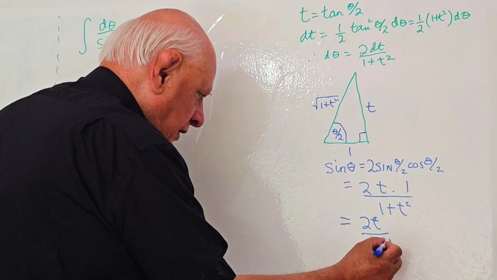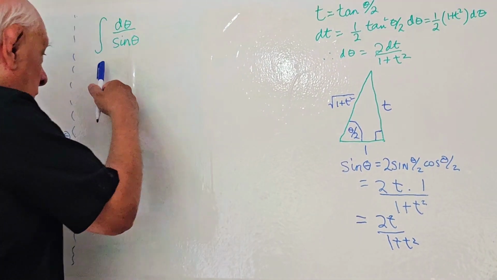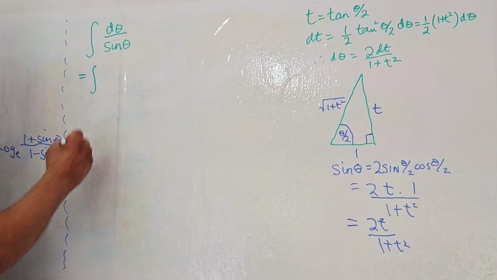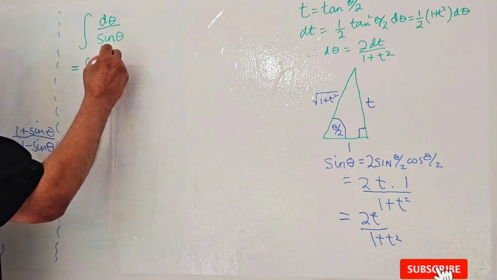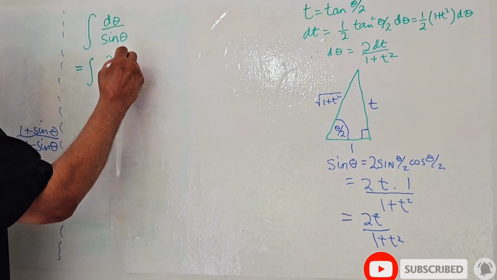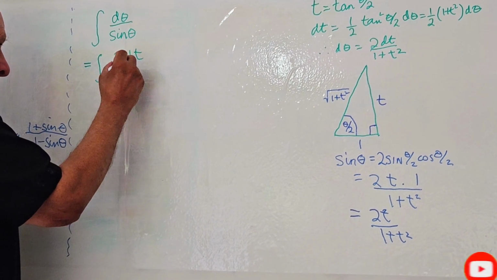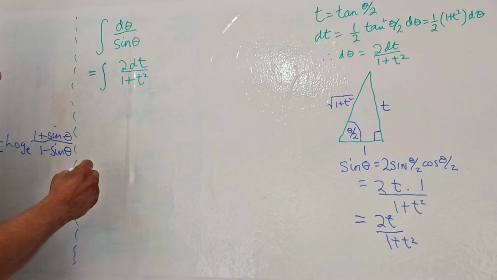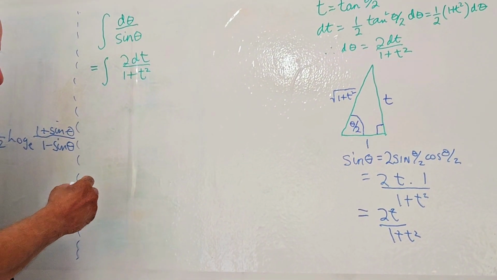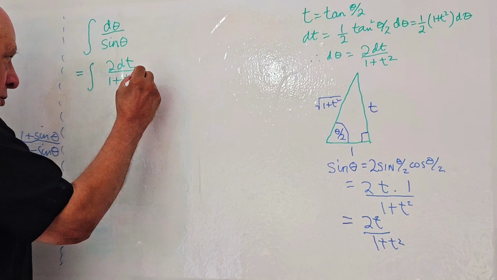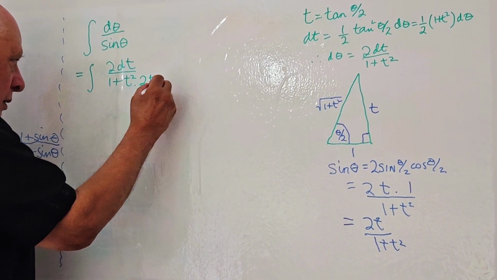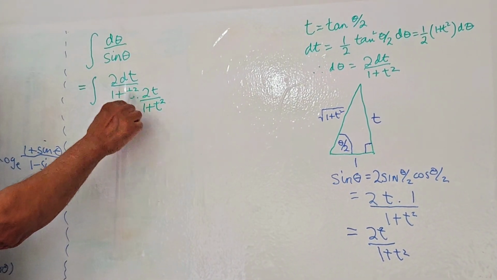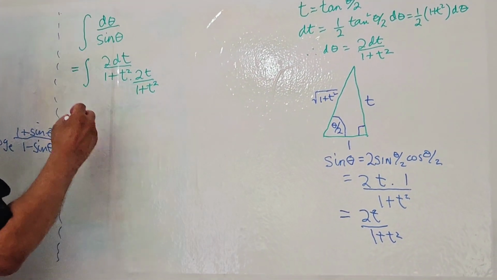We now substitute all that back into the integral here. So, first of all, what is d theta? d theta is 2 dt over 1 plus t squared. And what is sine theta? Sine theta is 2t over 1 plus t squared. And hallelujah, these two cancel out very nicely.